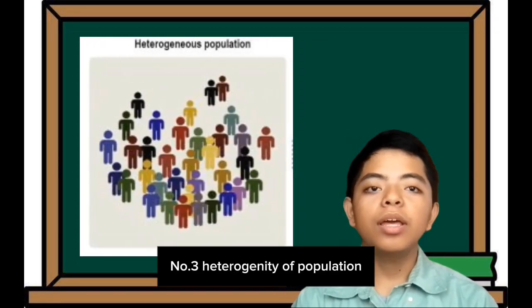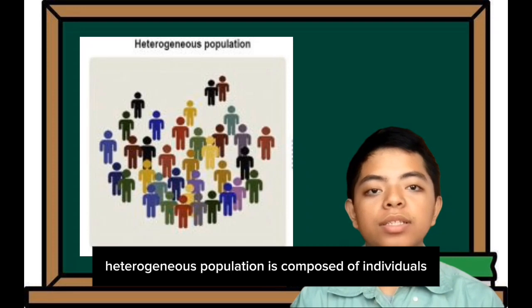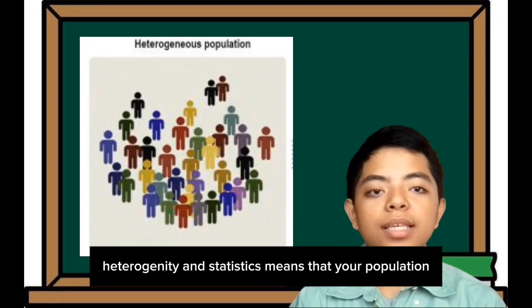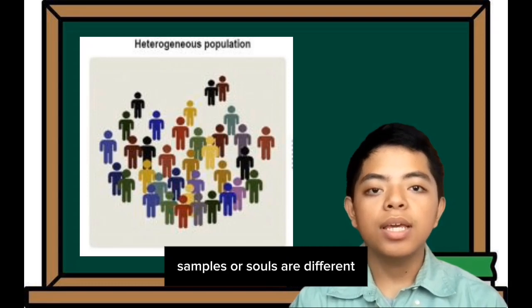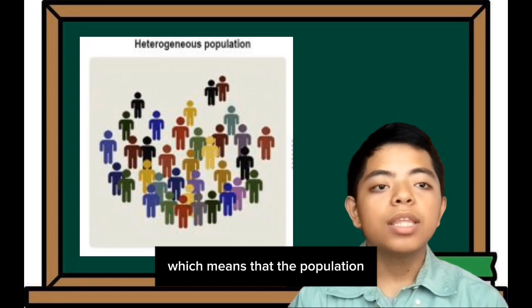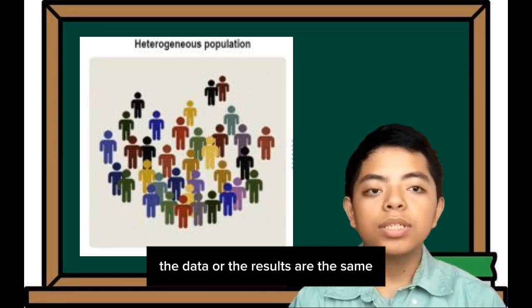Number 3. Heterogeneity of population. Heterogeneous population is composed of individuals with varied abilities. Heterogeneity in statistics means that your population, samples, or results are different. It is the opposite of homogeneity, which means that the population, the data, or the results are the same.